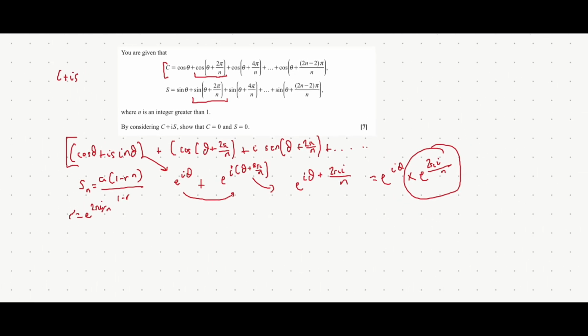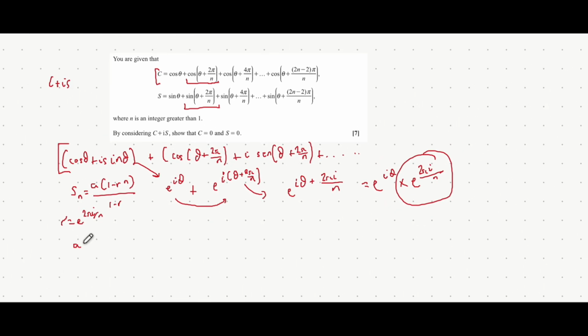I'm going to zoom out a little bit. We also know the first term of the sequence is just e to the power of i theta. So let's substitute into that expression. That will give you e to the power of i theta, and then in brackets, we can write 1 minus the common ratio, which is e to the power of 2 pi i over n, all to the power of n.